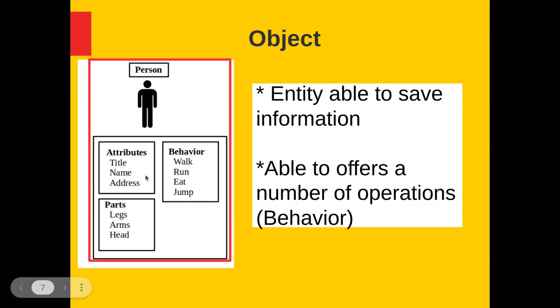Attributes are title, name, address, like that. Parts: legs, arms, head. Behavior: walk, run, eat, jump. That is a real-world object. This is one object, an entity able to save information and able to offer a number of operations. That is behavior.